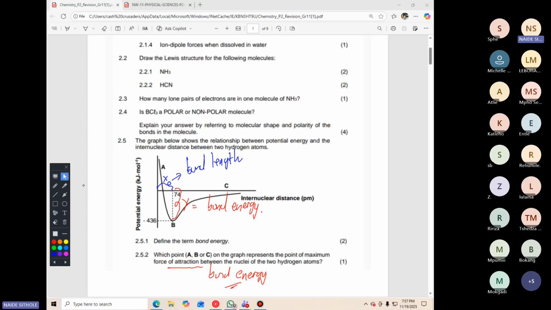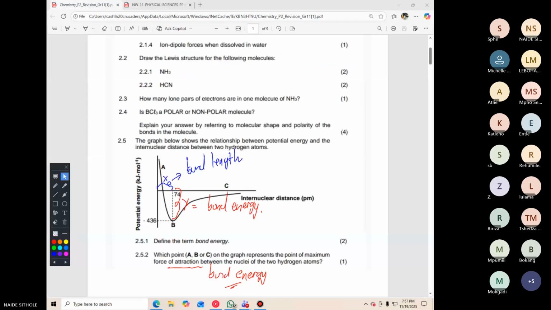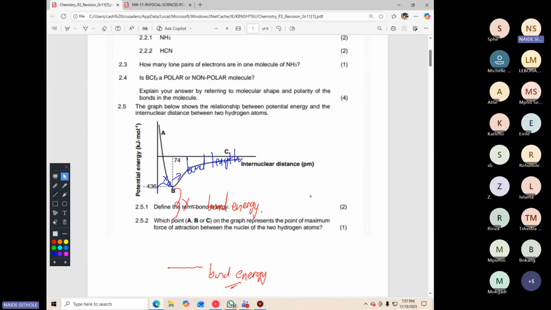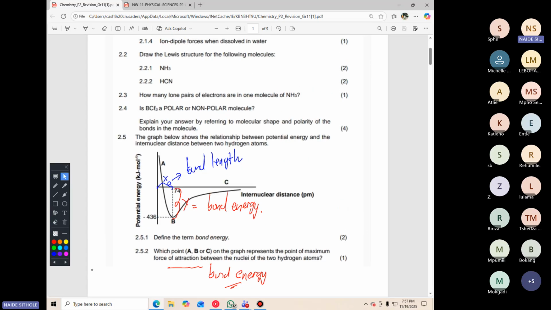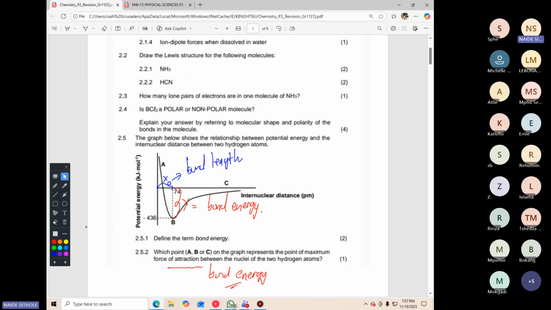So that means we will say that part is indicated by what? By B. It's indicated by B. So for 2.5.2, it's B. 2.5.1 was this. Okay. Then, you note there, this part here going down is bond energy, and then from here up until that part inside here, it's bond length.